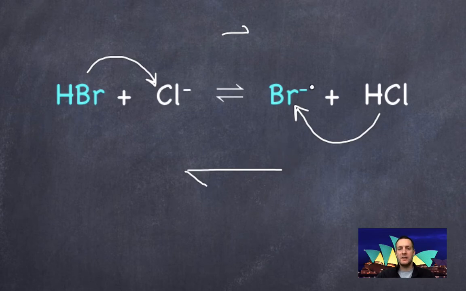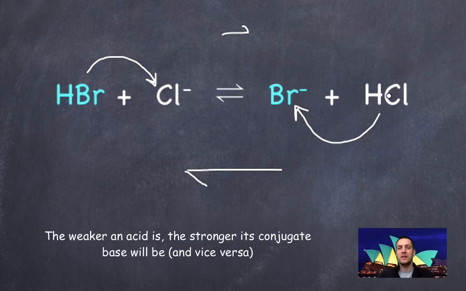Another way of saying this is that if HBr is a weak acid, then its conjugate base must be quite good at accepting H+ ions, and it therefore must be quite strong, which is why this backward reaction is able to happen more than the forward reaction, because bromide is taking away H+ ions from HCl in the backward reaction.